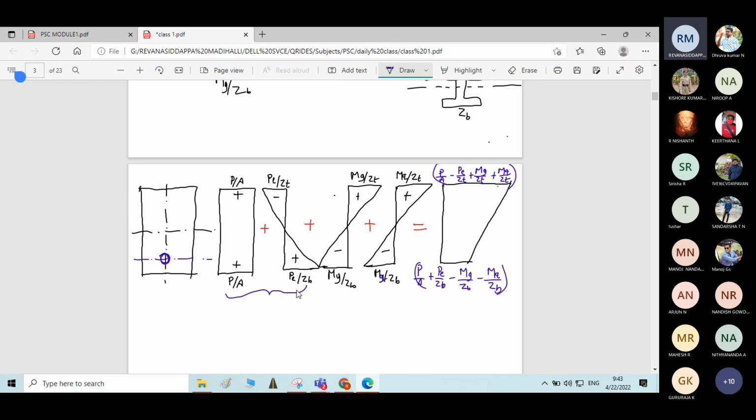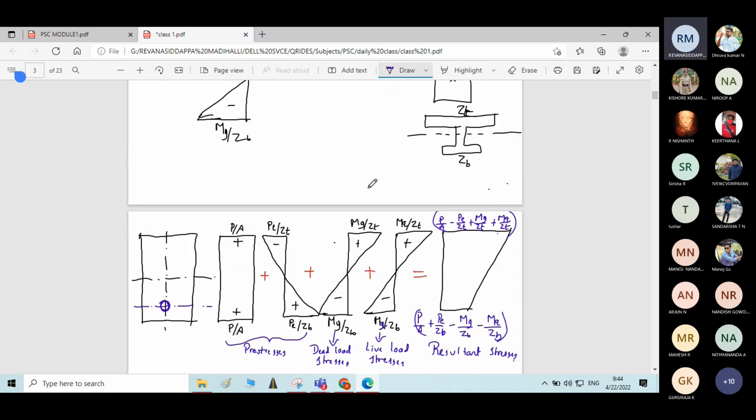These two diagrams indicate stress distribution due to pre-stresses or pre-stressing force, which is simply called pre-stresses. Then this diagram indicates dead load stresses, this diagram indicates live load stresses, and this final diagram is resultant stresses.